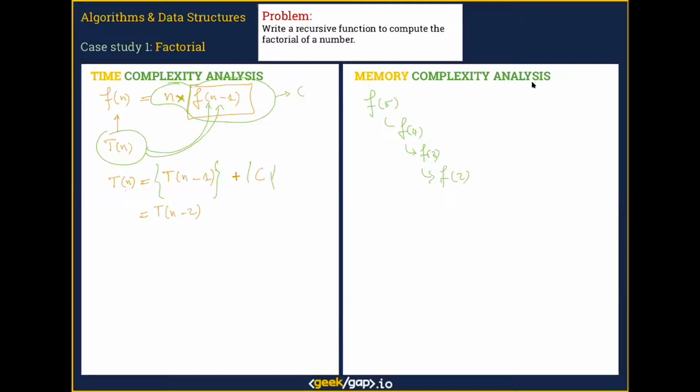We can say this t of n minus 1 can be reduced to t of n minus 2 plus another c, and you keep the previous one here. Which gives you t of n minus 2 plus 2c.